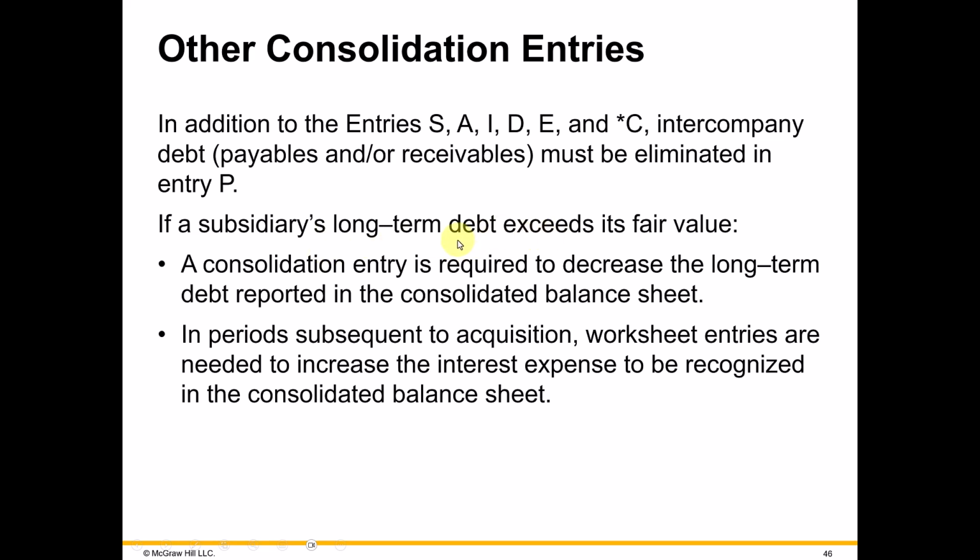So in this case, at the time you set up the liability on the consolidated basis, the fair value is going to be bigger than the carrying value of that liability on the books of the sub. That difference is going to be amortized, reducing the interest expense overall for the consolidated group.